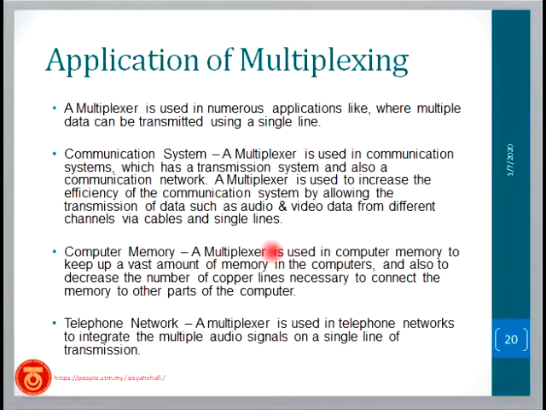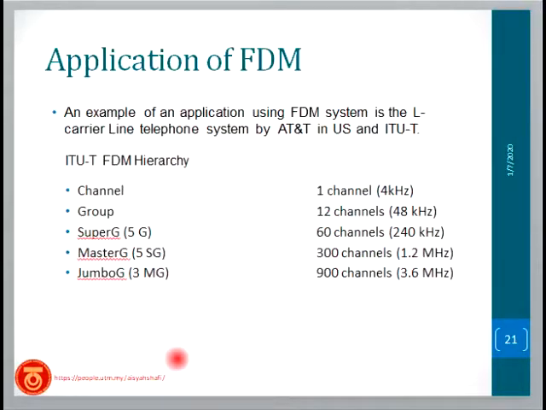For computer memory, a multiplexer is used to keep up a vast amount of memory in the computer. And for the telephone network, a multiplexer is used to integrate multiple audio signals on a single line of transmission.